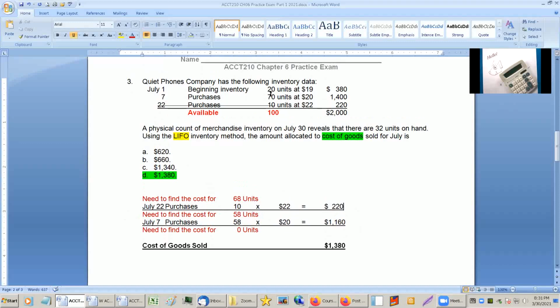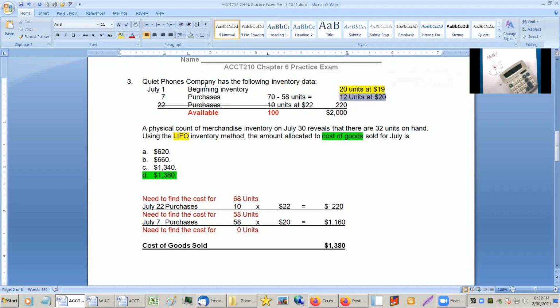And so here we're going to take 58 of those. And so that's the ending inventory.